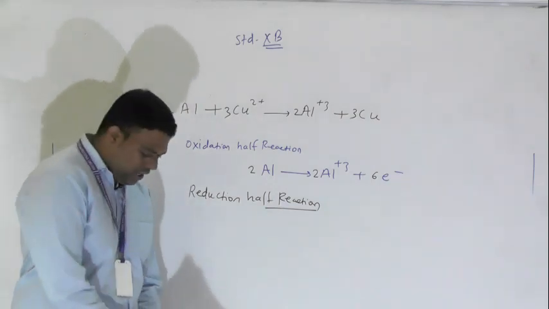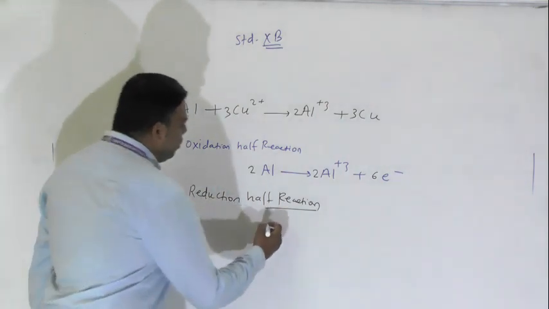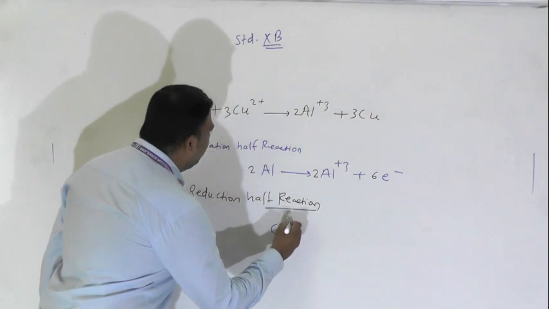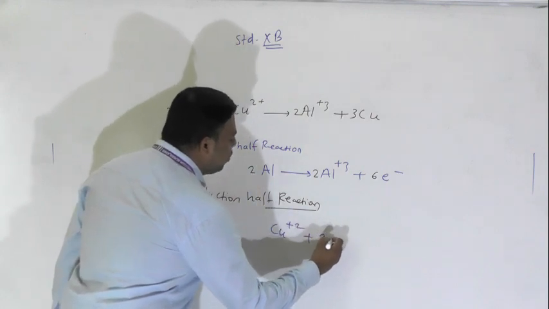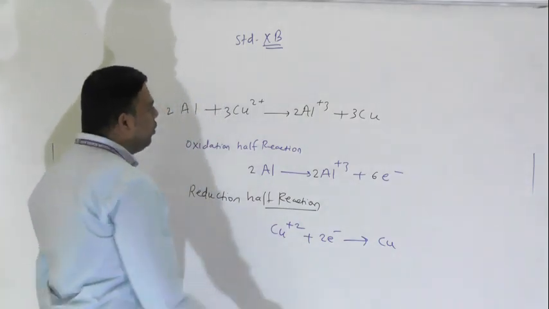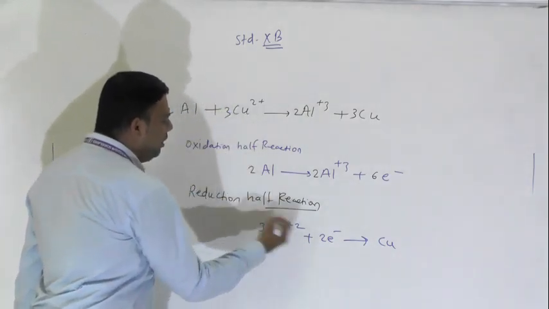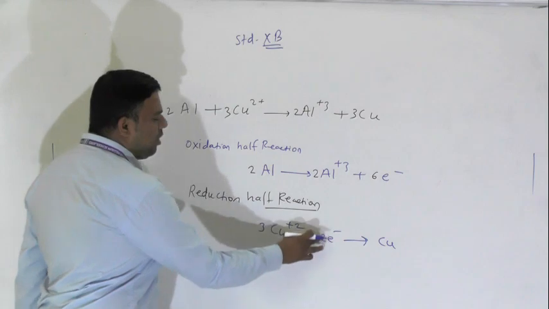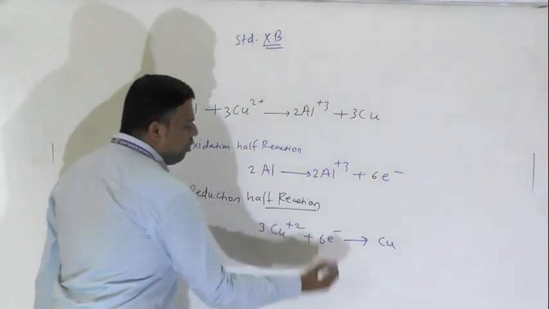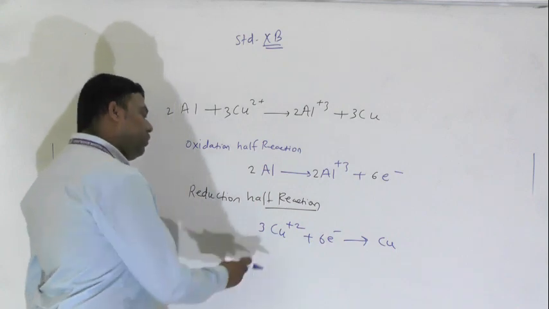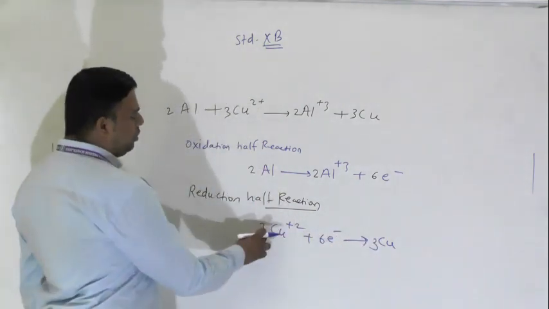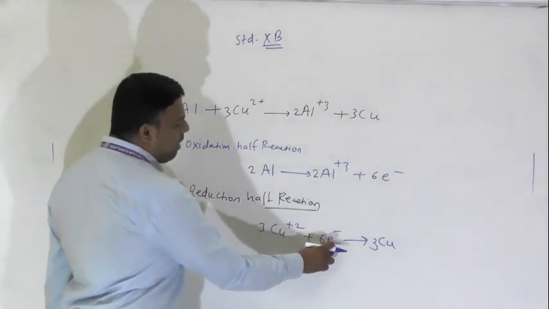So see here, Cu2+ + 2e-, that gives Cu. But here they gave how much? 3. So here how much will come? Yes, here 6 electrons will come. And here how much? 3 Cu. So 3 Cu2+ + 6e-.